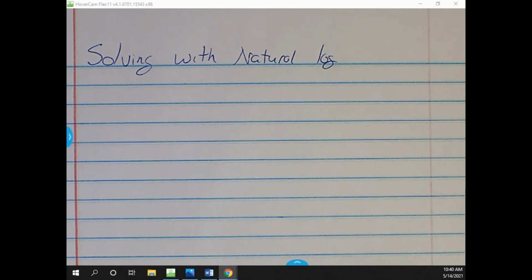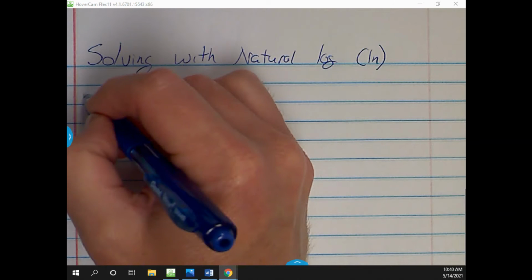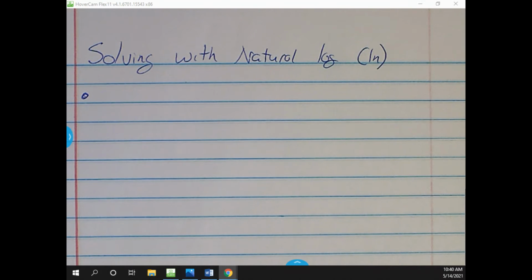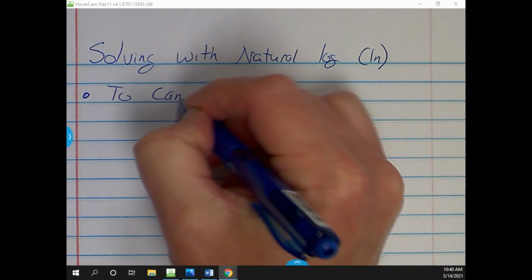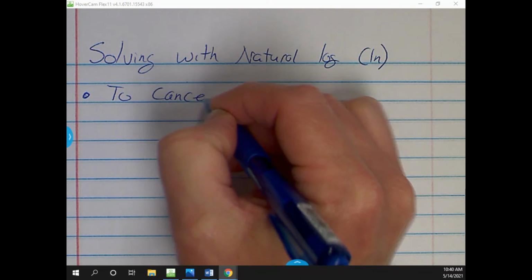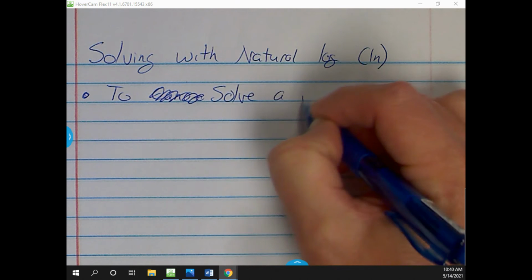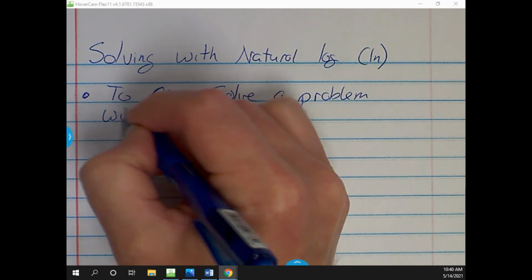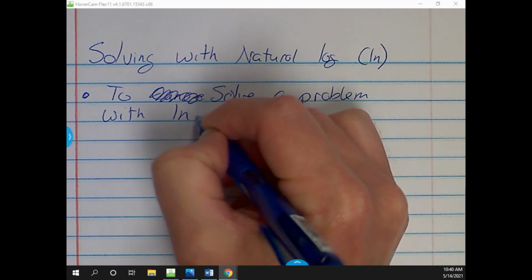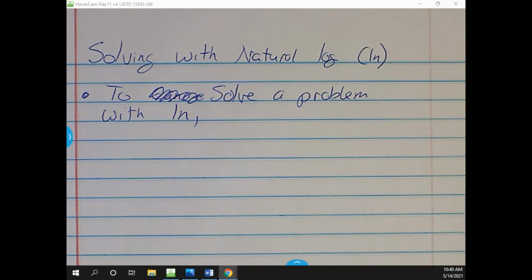Again, when I talk about natural log, we're talking about ln. There's really just two things you've got to worry about here, because they're either going to give you a problem that's got ln in the problem, or they're going to give you a problem that's got e in the problem. We're going to look at both of those.